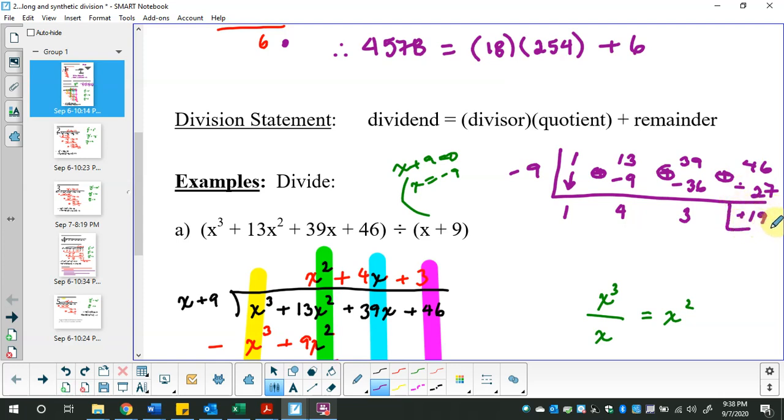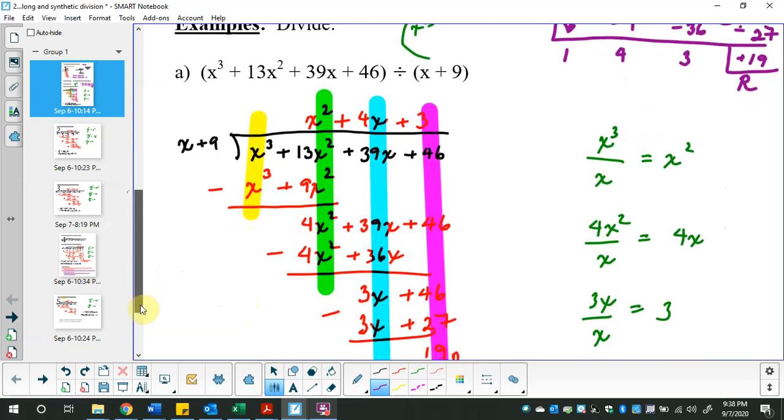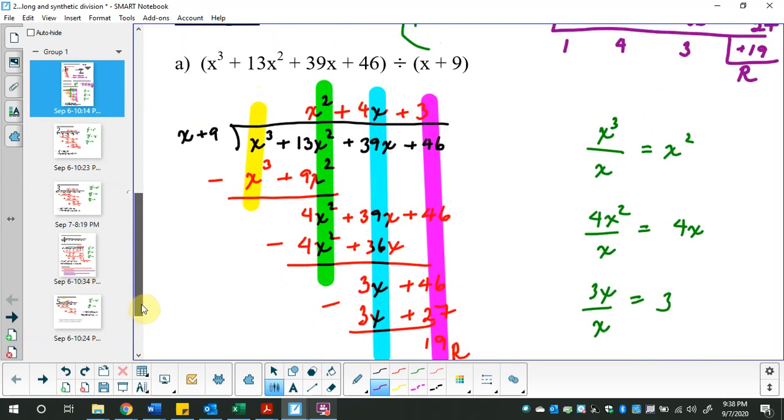Rope off this last number as soon as you're out of numbers, and you end up with the remainder. So if you take a look at my work down here, the remainder is 19, so that matches.